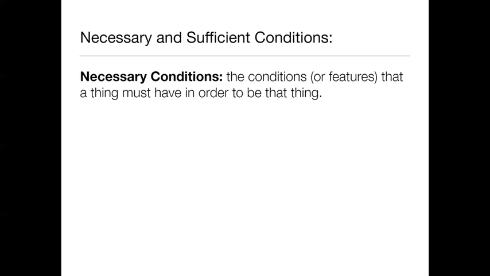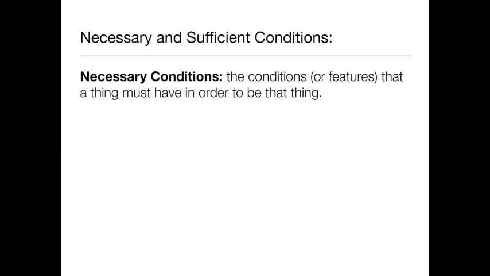So we talked about this in, as I said, a few previous chapters. I'm trying to remember. I think it was in maybe 1 or 3, somewhere in there. But we want to remind ourselves of what necessary and sufficient conditions are.